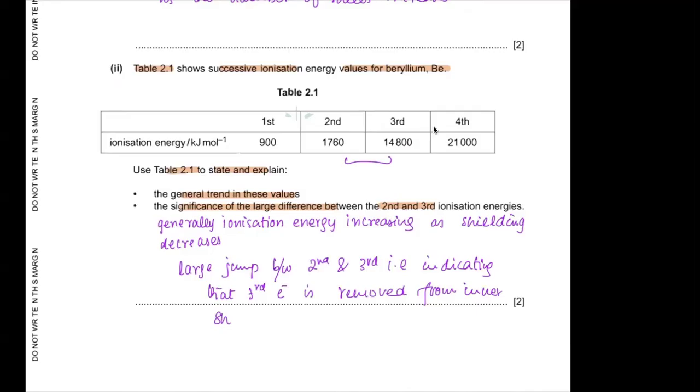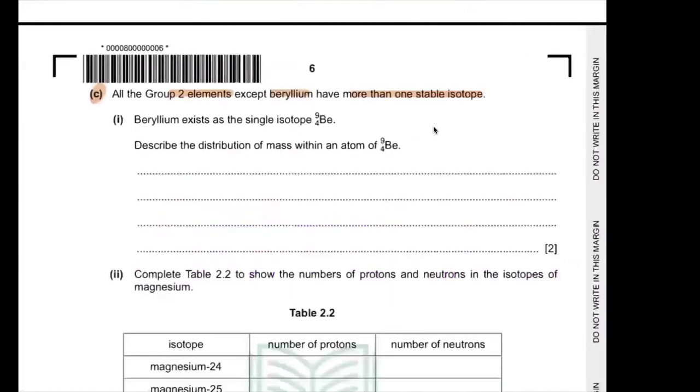Now C part. All group 2 elements except beryllium have more than one stable isotope. Beryllium exists as a single isotope, okay, beryllium 4. Describe the distribution of mass within the atom of beryllium. So mass is due to the neutrons and protons, right? And the protons and the neutrons are in the center, in the nucleus.